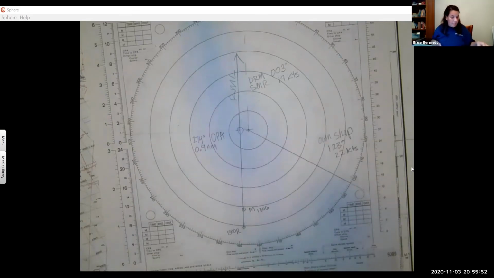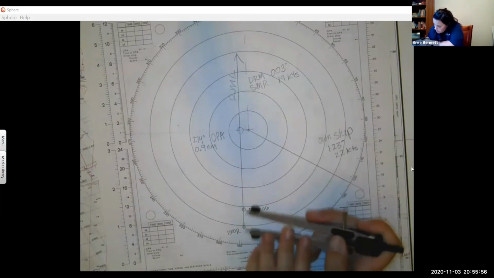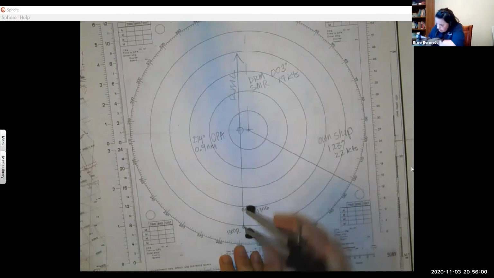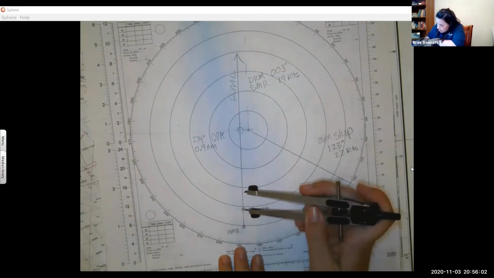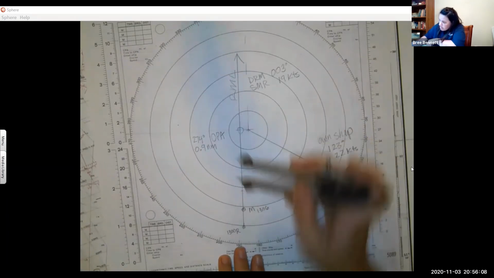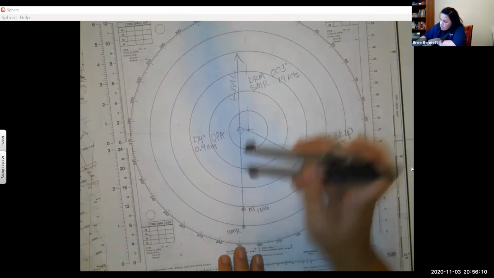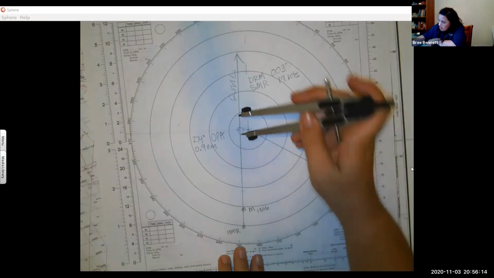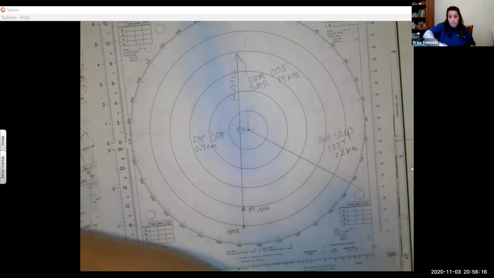Time of CPA. Here's our 6, 12, 18, 24, 30, 36.